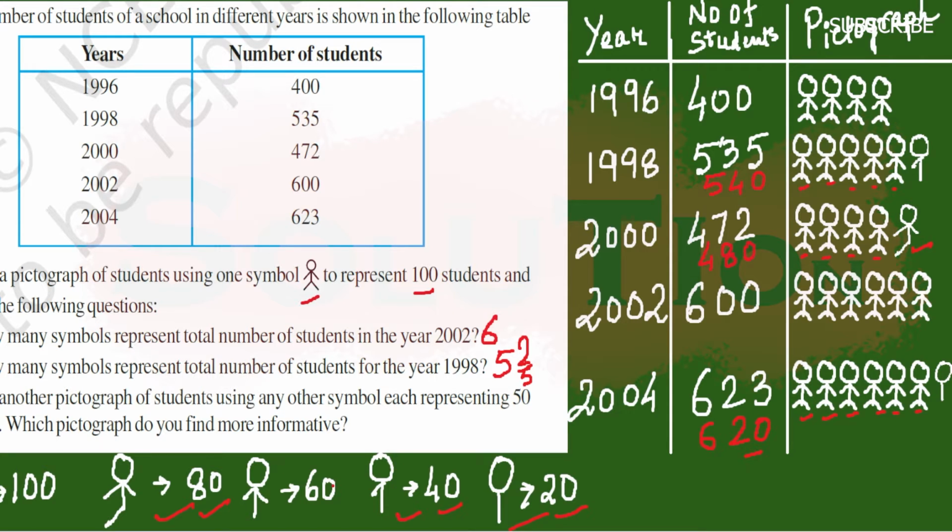This complete symbol, the human being, I have divided into 5 parts, because the complete body is 100, but to represent lower numbers I have to divide it. So I have divided it into 5 parts, and out of which I have taken 2 parts. This is how we will be representing it.